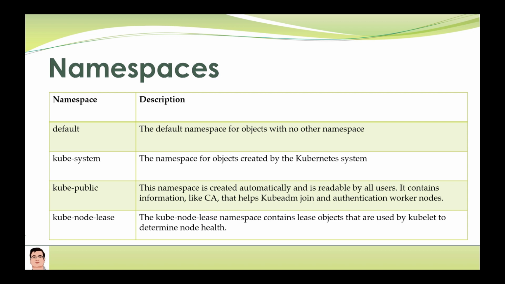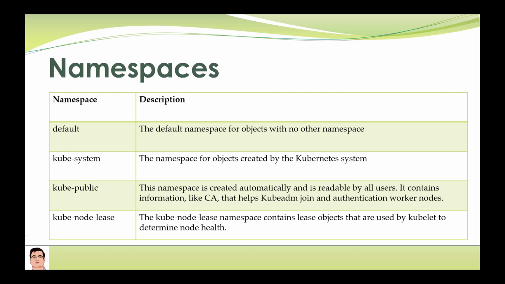So kube-system is the namespace for objects created by the Kubernetes system. When the system builds up all the required things, the cluster components go into the kube-system namespace. The kube-public namespace is created automatically when you create the Kubernetes cluster and is readable by all users. You can refer to these namespaces for all the objects that have been created.